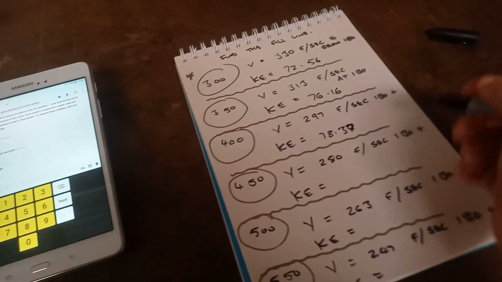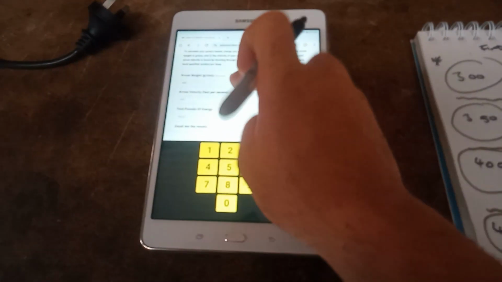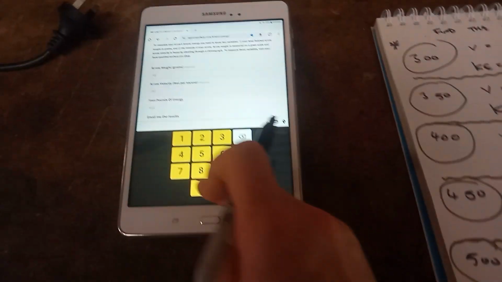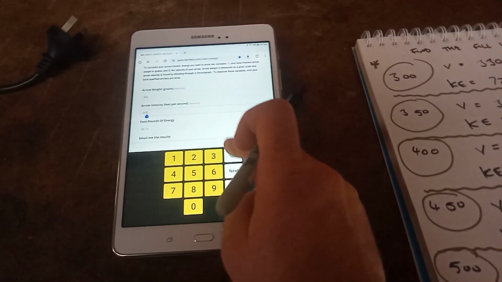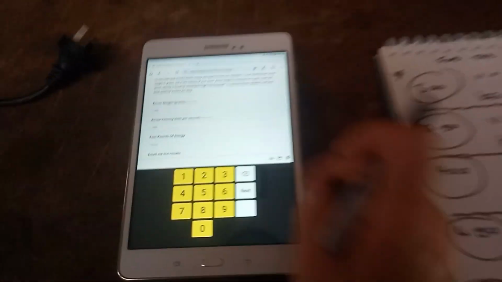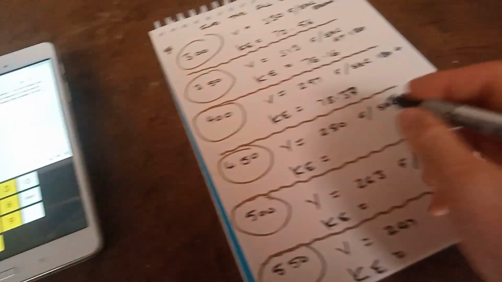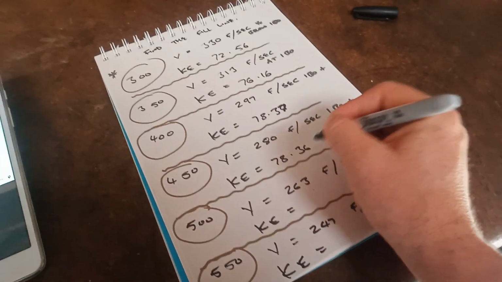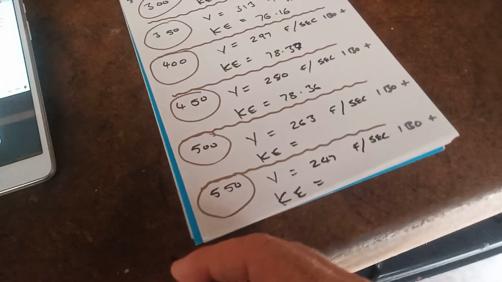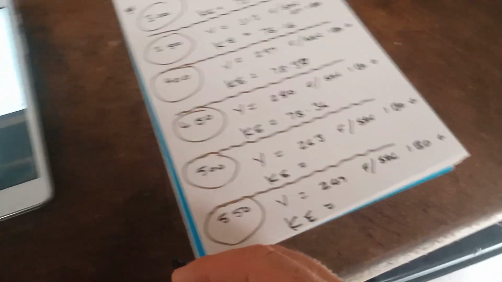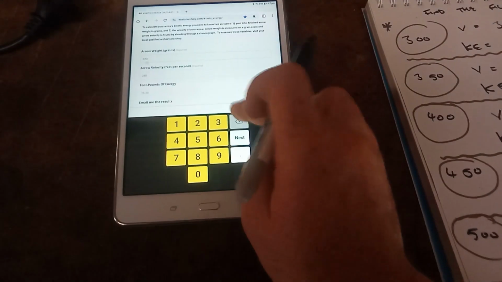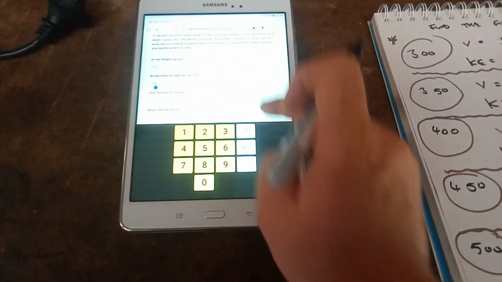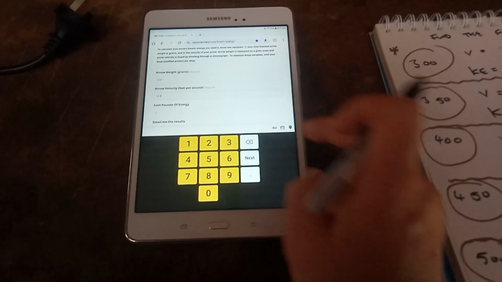Yep. 450 and 280 feet per second, 78.36. 500, 263, 76.81.